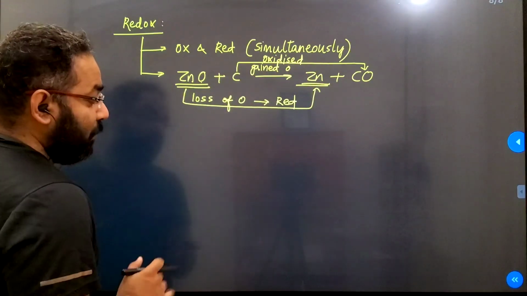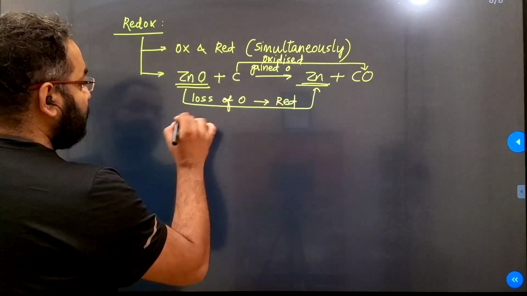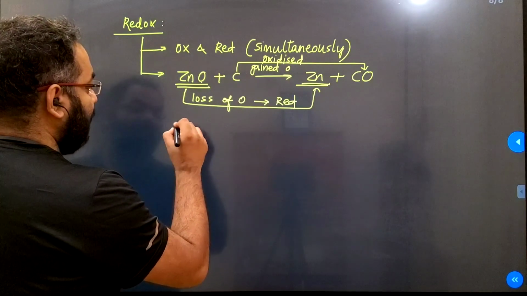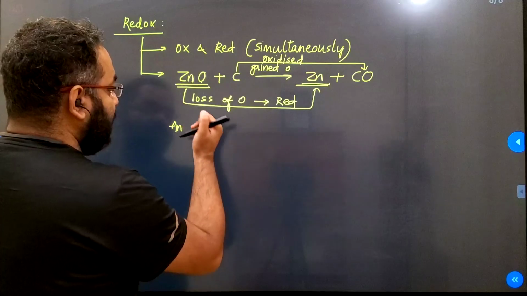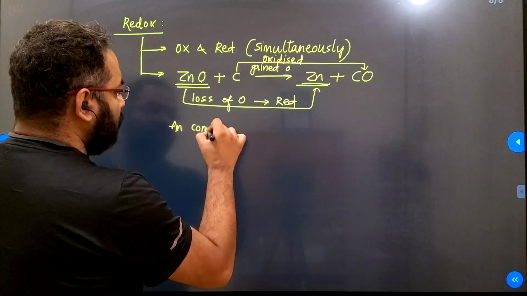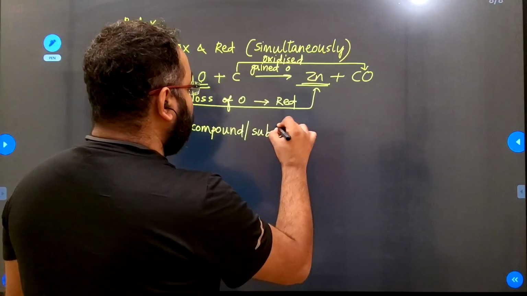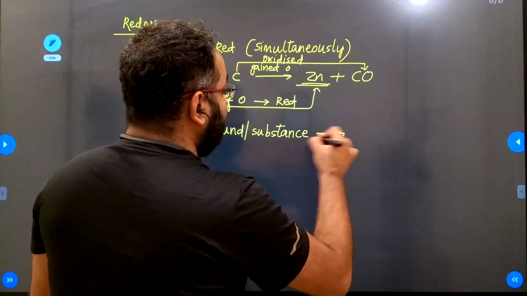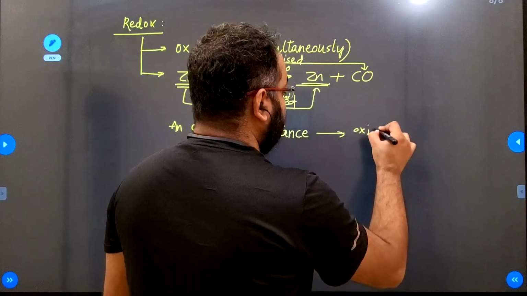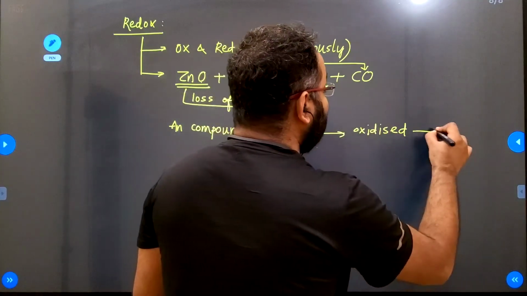There are a couple of points for you guys to remember. One is, every time you have an element or any compound or substance, it could be an element too, getting oxidized is always the reducing agent.